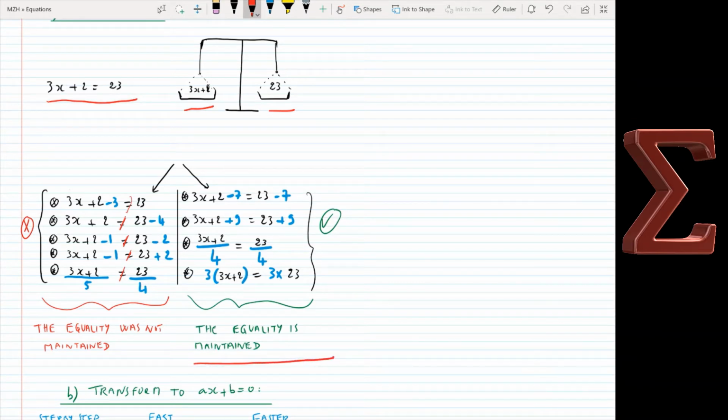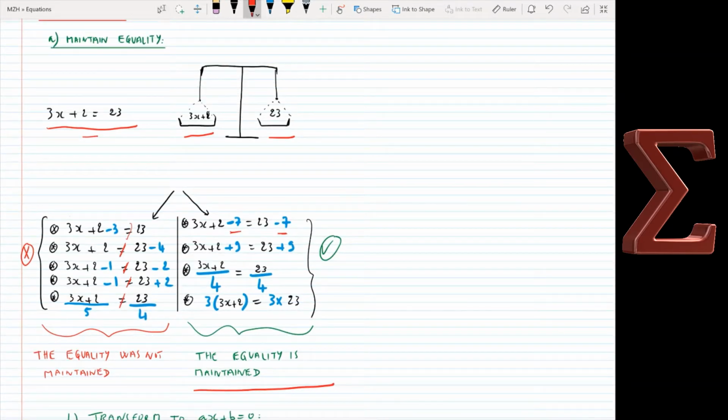If I have 3x plus 2 equal 23, then if I subtract 7 on both sides, the equality is still true, still correct. I'm still maintaining the equality in here. The equation still holds. The mental model is you have a balance and then you subtract the same weight on both sides of the balance, then intuitively the balance will remain and the equality is maintained.